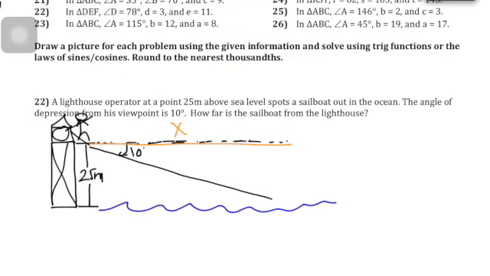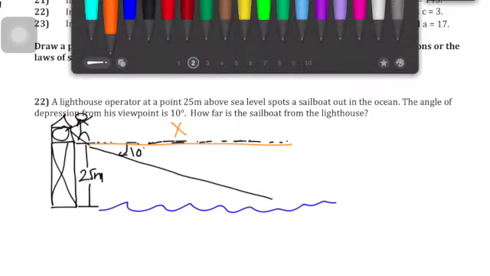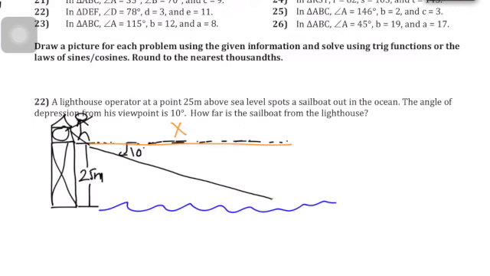How far is it? So if we were to make a right triangle out of this, let's say the sailboat is right here somewhere. So here's the right triangle. Now, if this side is 25, then I know that this side is also going to be 25 meters.